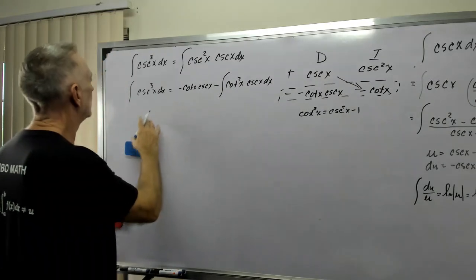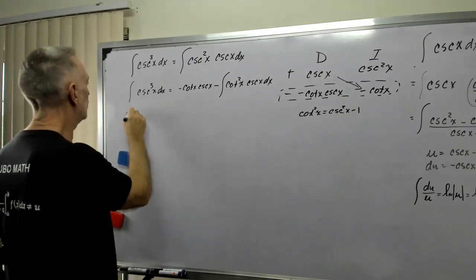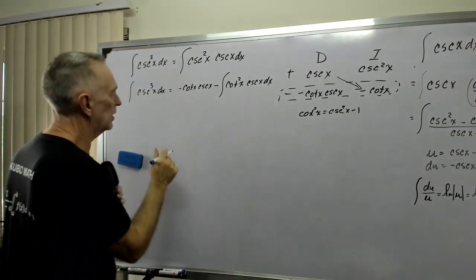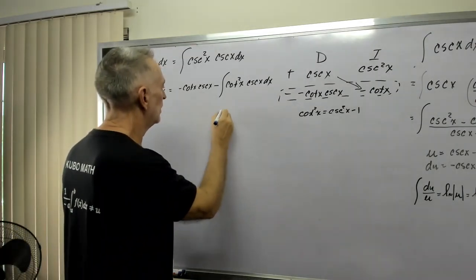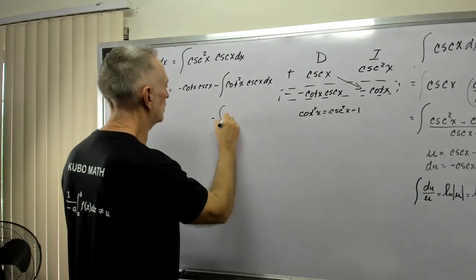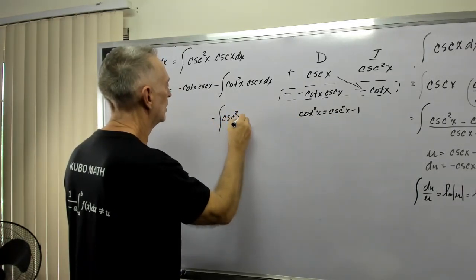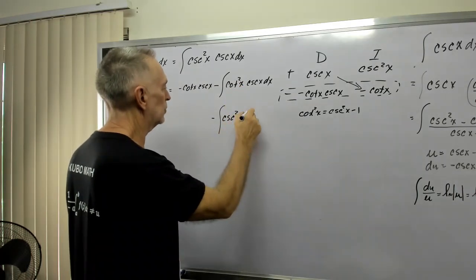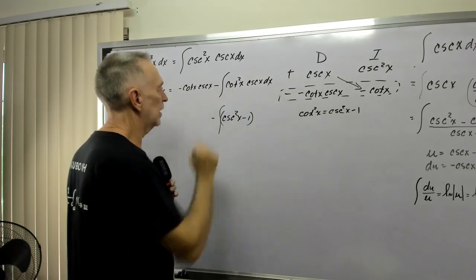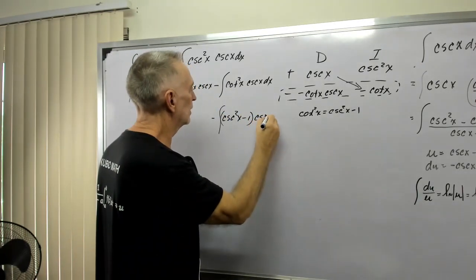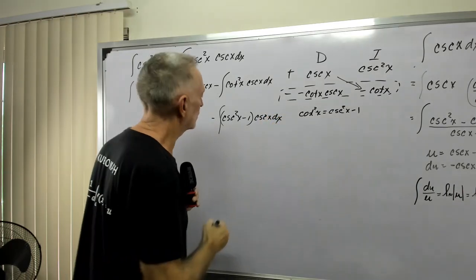Okay, let's see what we can do with that. As a matter of fact, let me just work down here and then we'll catch the rest of this up in a moment. So I'll substitute in cosecant squared x minus 1 for cotangent squared x, and that times cosecant x dx.